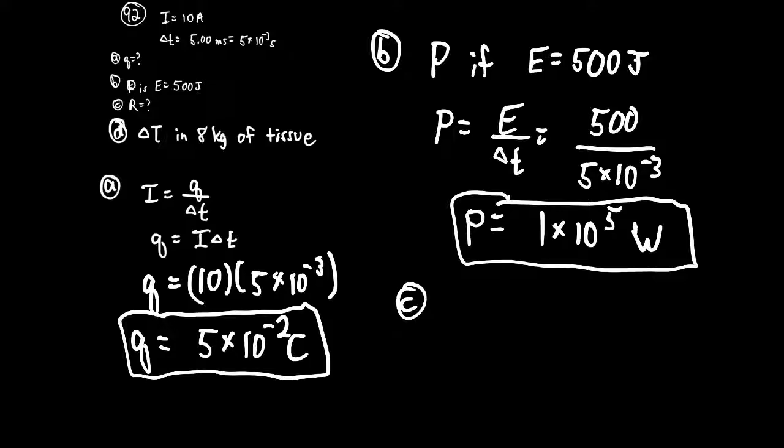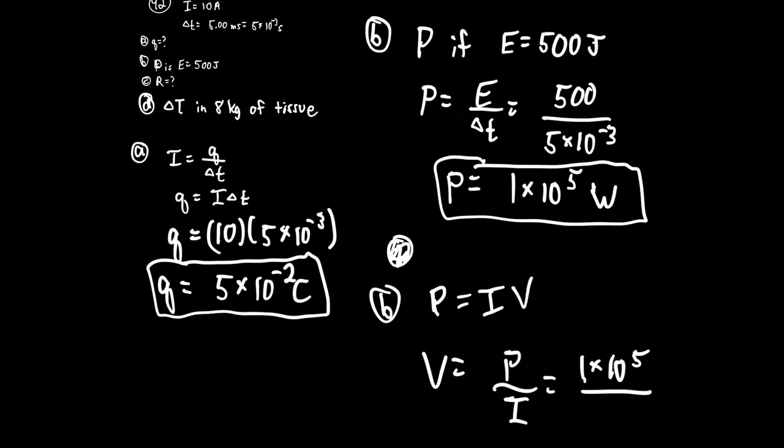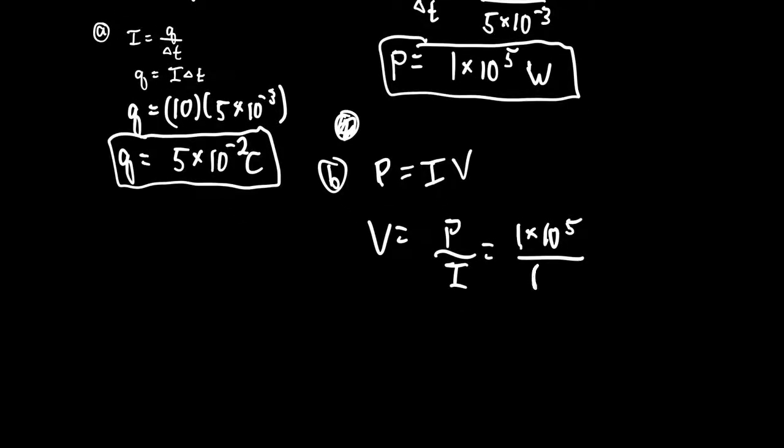Oh, I read it wrong. What voltage? So how do I find the voltage? Power divided by current. P equals IV. So V would be P over I, which would be 1 times 10 to the 5th over the current. What was the current? 10 amps. So the voltage would be 1 times 10 to the 4th volts.